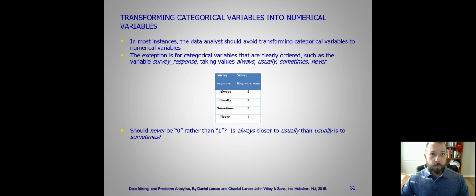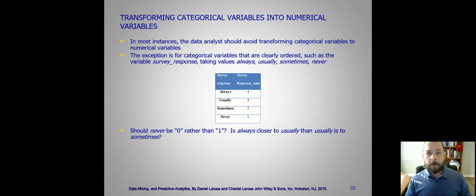In other instances, we may need to transform our categorical variables into numerical variables. In most instances, this may not be necessary, and sometimes you may want to avoid doing it. The exception is a categorical variable that clearly has some order to it. So ordered categorical variables are a thing.